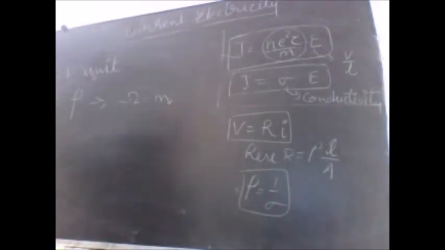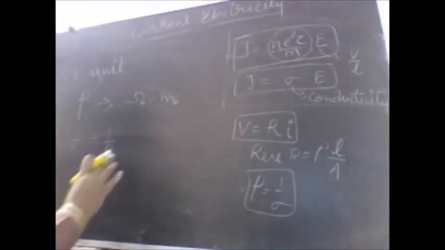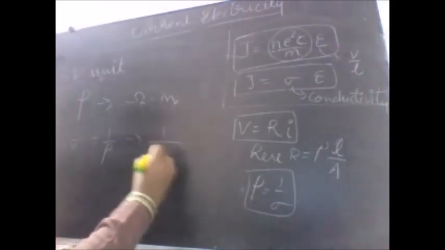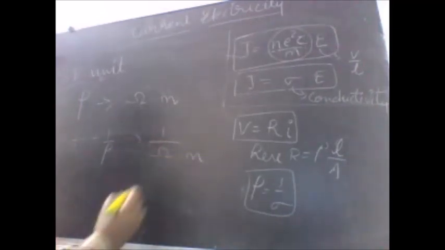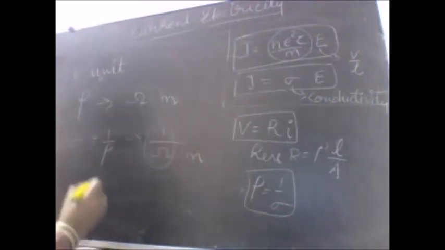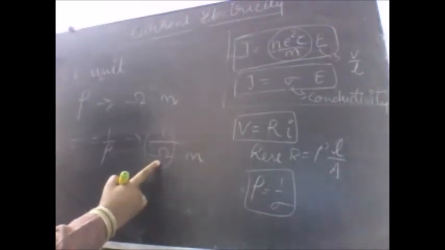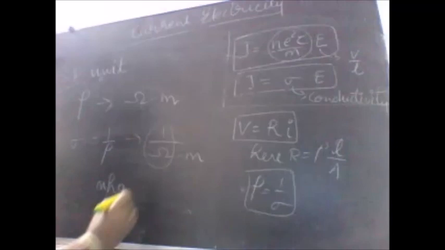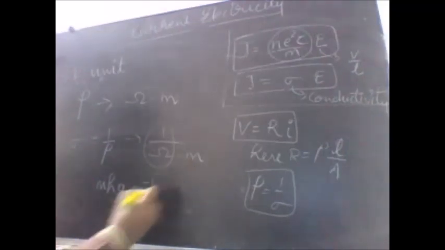SI unit of conductivity. This was for resistivity. Conductivity, since it is the reciprocal of resistivity, its SI unit should be the reciprocal of this. So the SI unit is 1 over ohm meter, and the reciprocal of ohm is written as mho, and the reciprocal of meter is meter inverse.